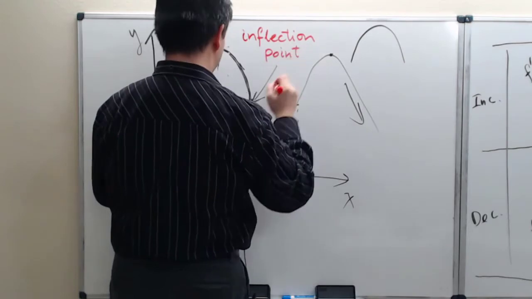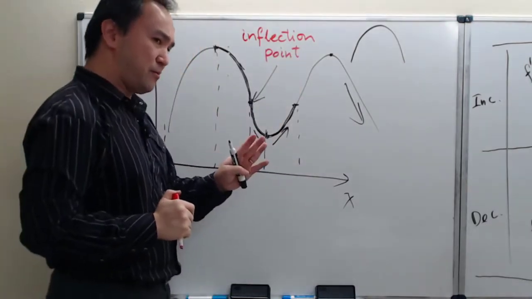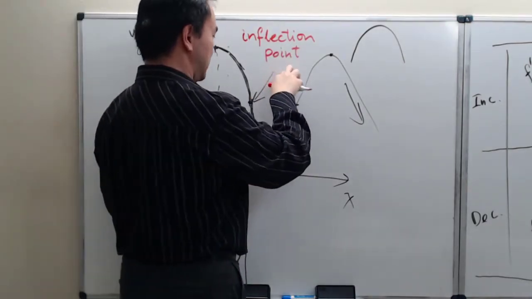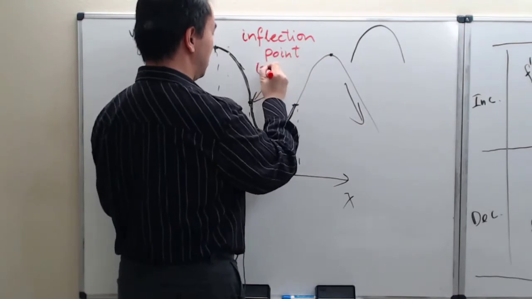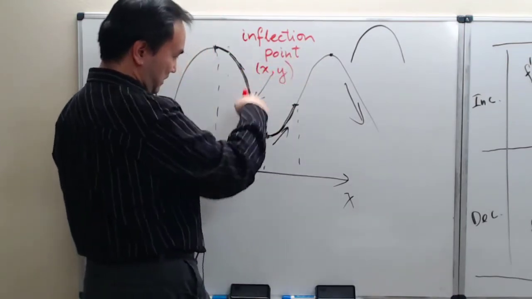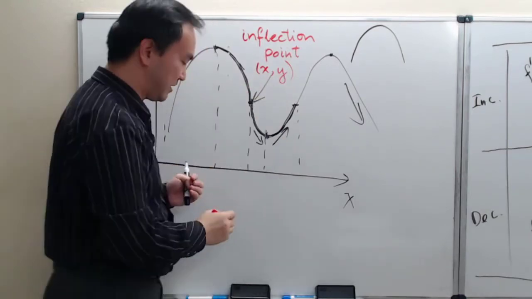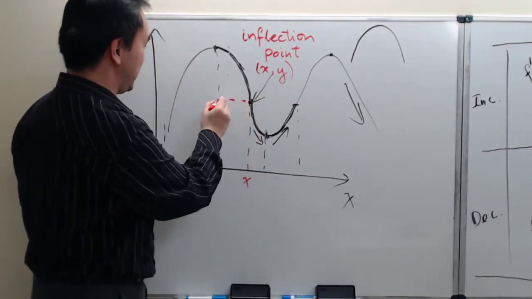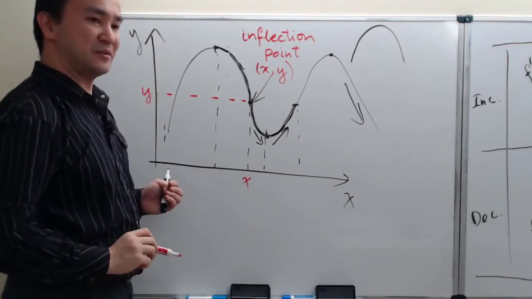Okay? And so now it's an inflection point, meaning it's a complete pair of values. So it has x and y, and together it stays on the graph right here. So x on the x-axis, and wherever y that is. You see what I'm saying now?